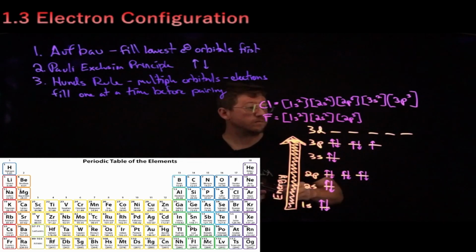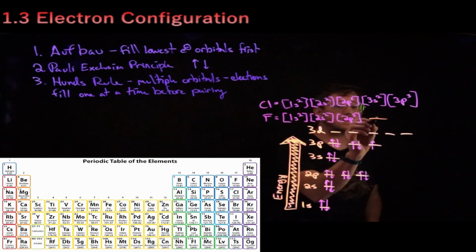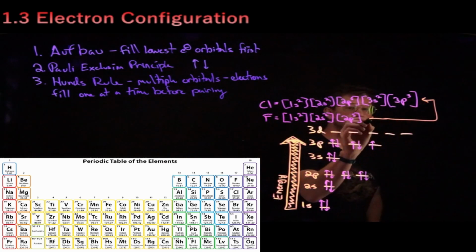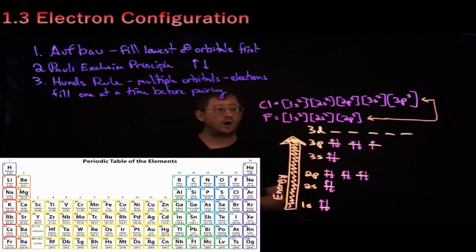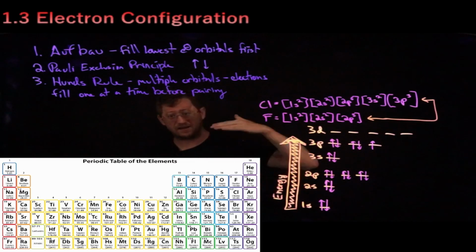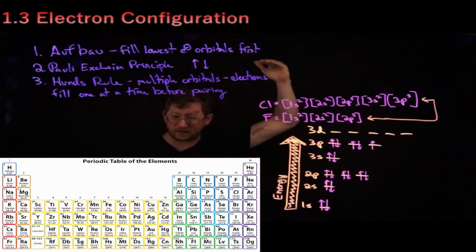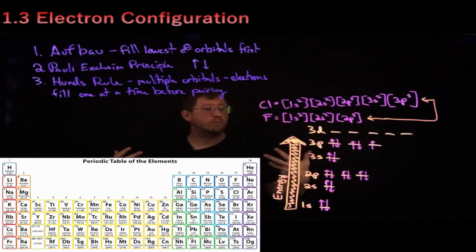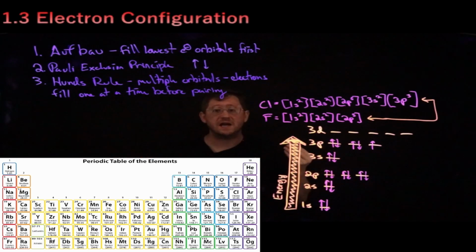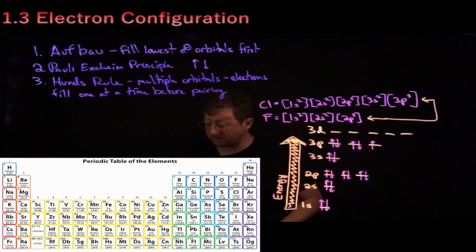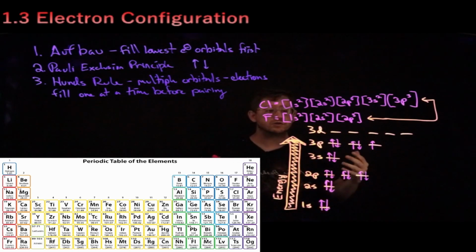But because both of these are missing one electron in that highest energy shell, both of these systems behave in a similar manner. Both fluorine and chlorine desperately want to get one more electron into that outer shell, that valence shell, so that they can become noble-like.